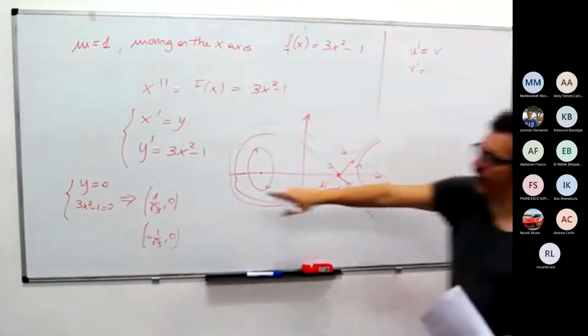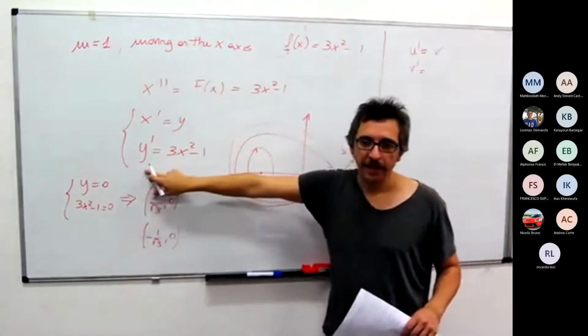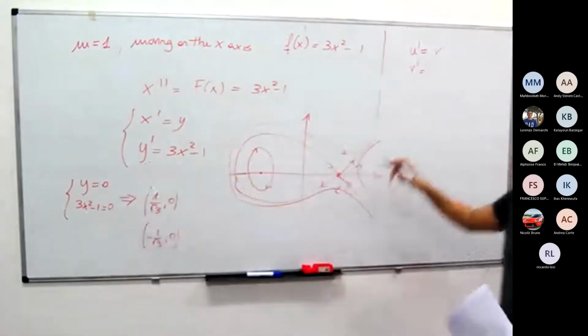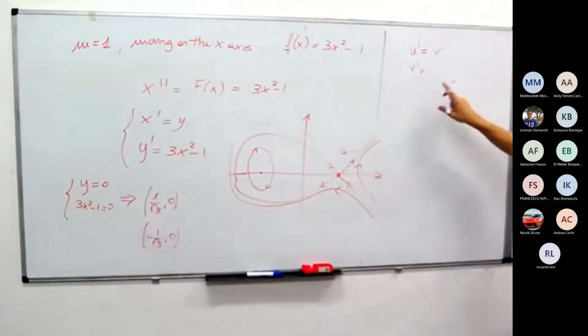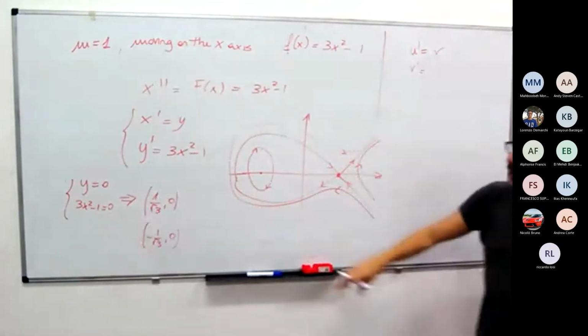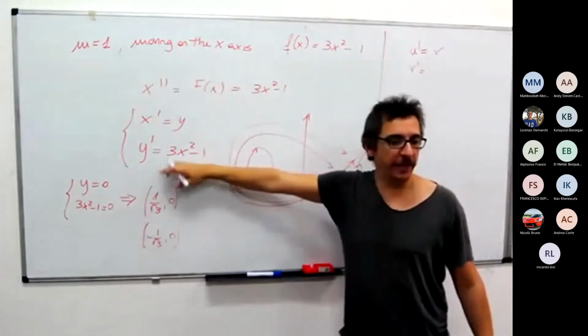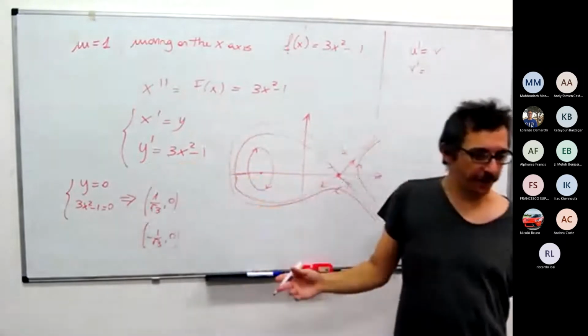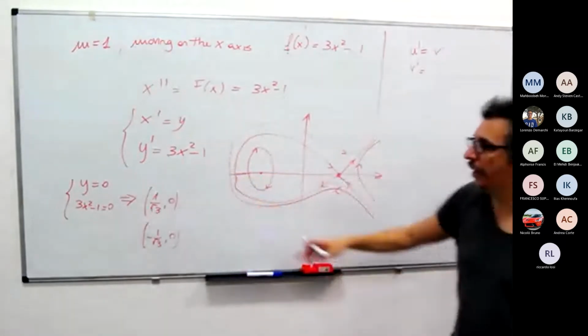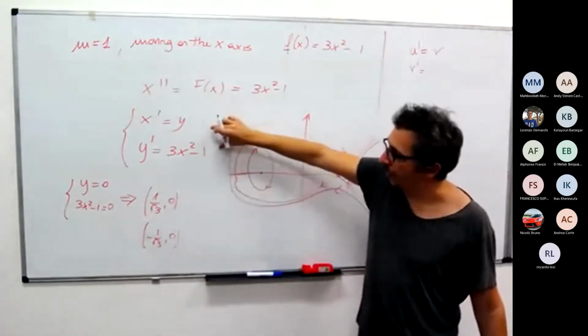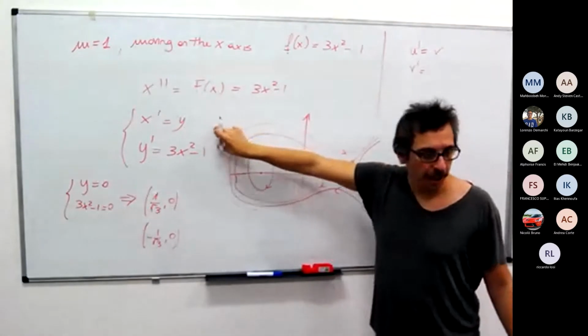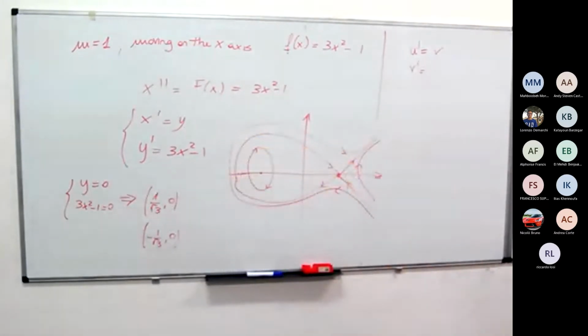So I have to linearize this equation here. So y prime is going to be just b prime equal to what? Again, this function evaluated at the critical point is going to be equal to 0 because the critical point is the one which makes the right hand side of this system vanish.